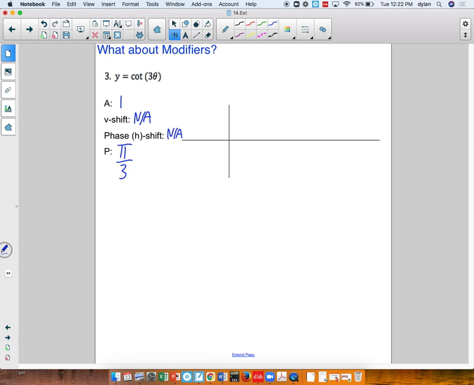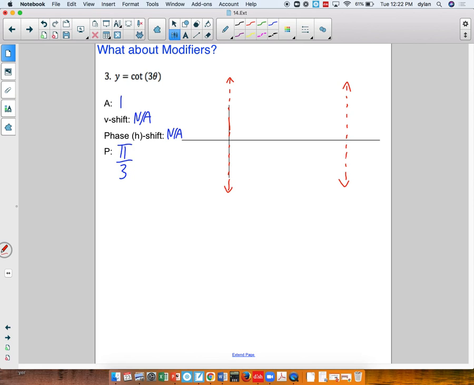So in this case, we know when you look at the cotangent vertical asymptotes, unlike tangent, where the vertical asymptote is in the middle of the cycle, for cotangent, the vertical asymptotes are at the 2 ends of the cycle.